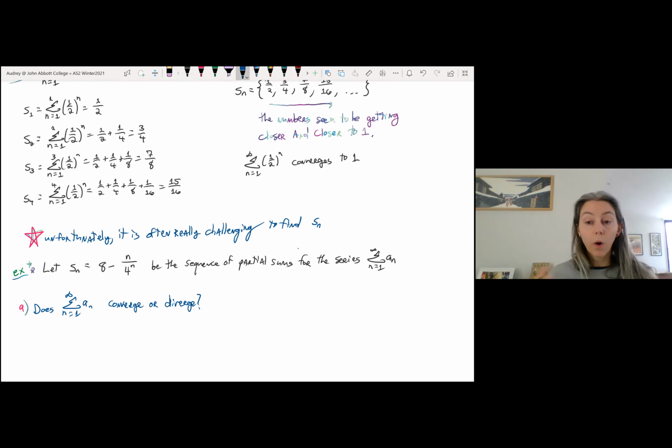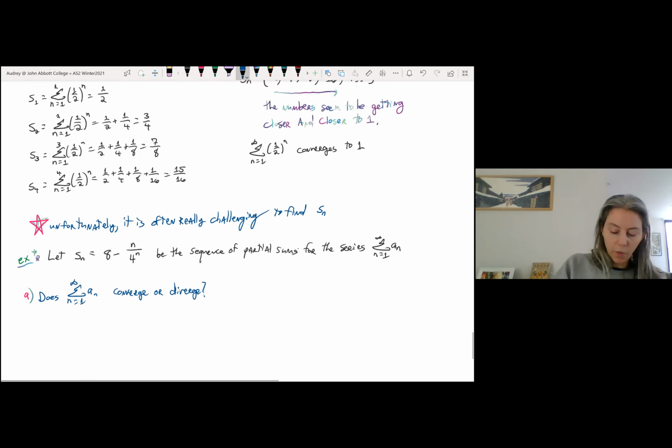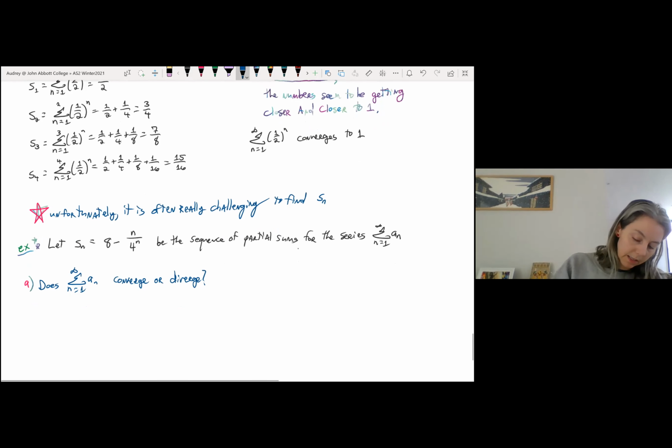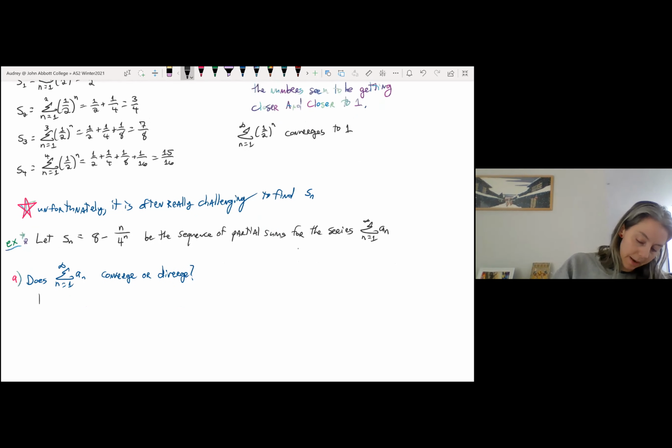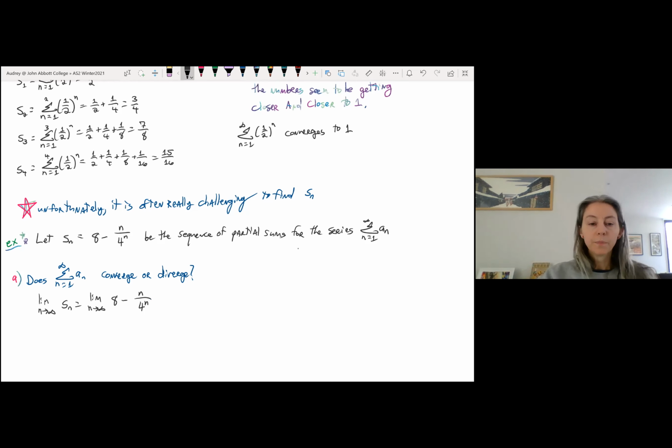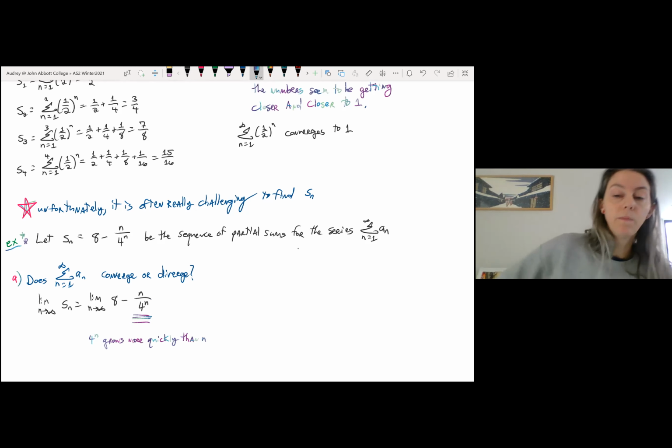Okay, so what we've just seen is that in order to answer this question, I can just look at the limit as n goes to infinity of S sub n. So the limit as n goes to infinity of 8 minus n over 4 to the n. Well, here we can see that 4 to the n is growing more quickly than n. And so we've proven that in this particular case, that's going to be going to 0.